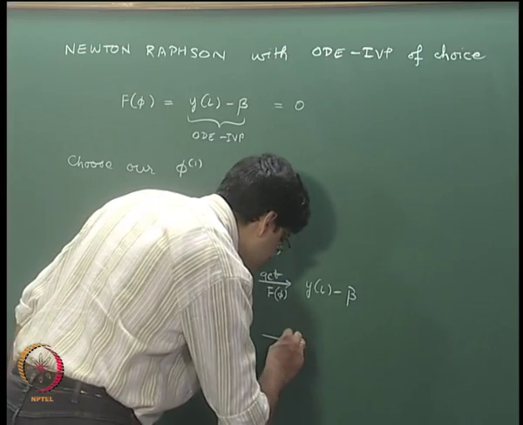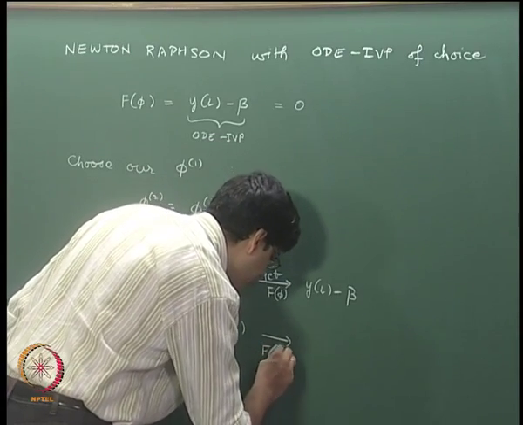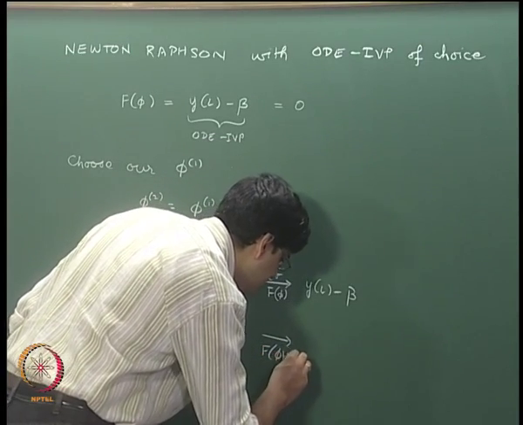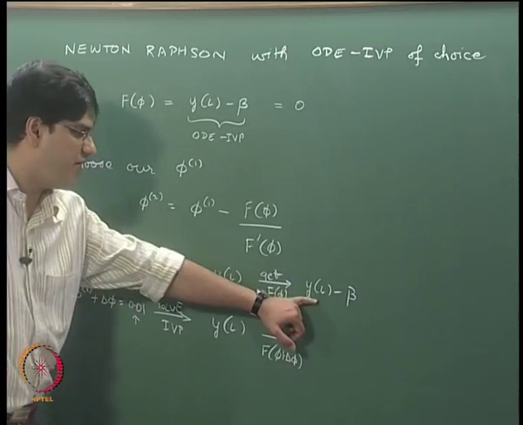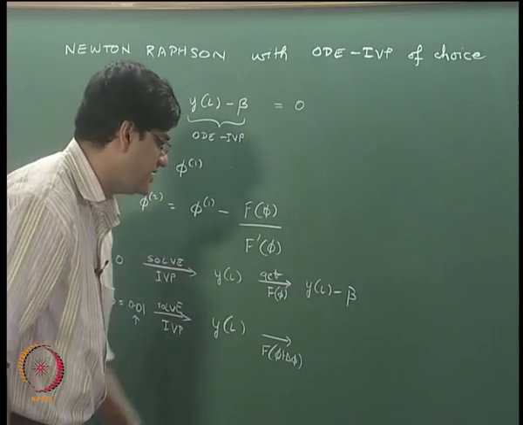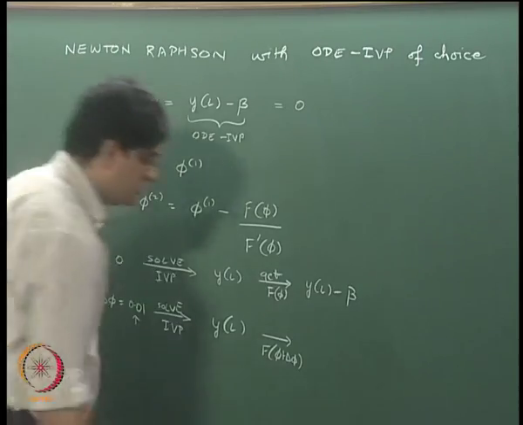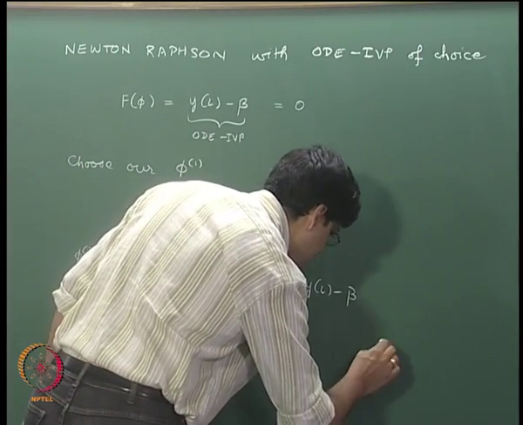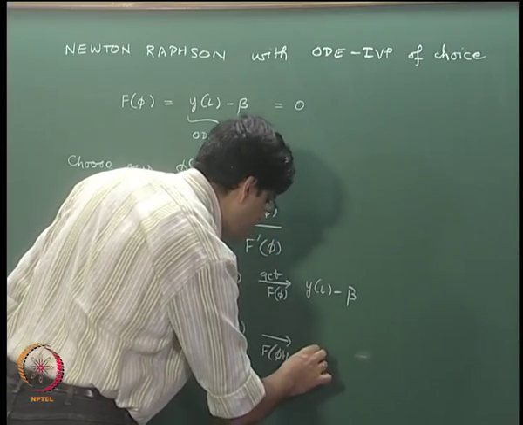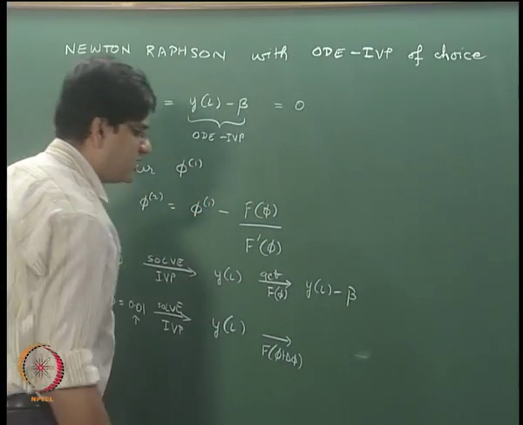From this we will get f of phi plus delta phi, which is again the same as y obtained at the end of the rod minus beta. So this value is nothing but f of phi plus delta phi, and this value is nothing but f of phi.